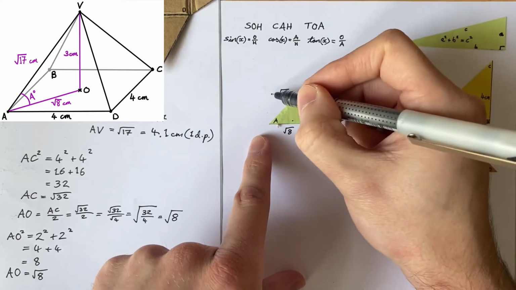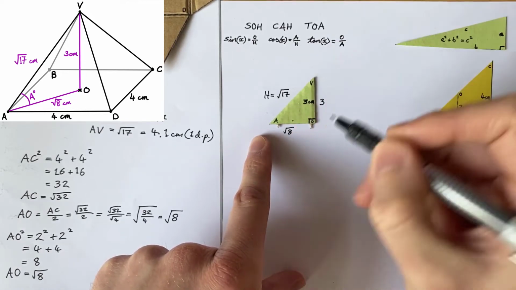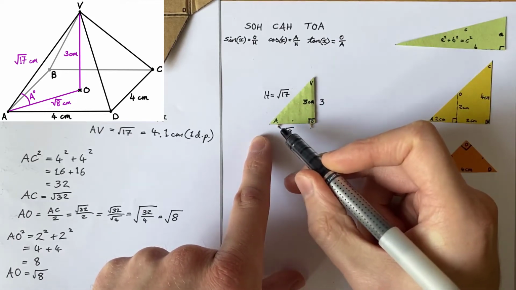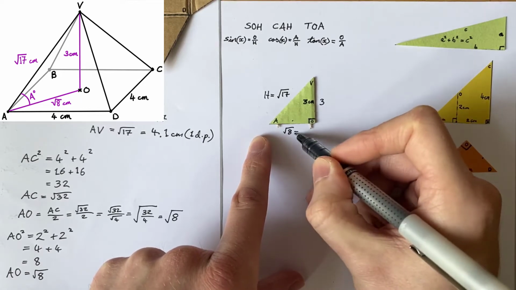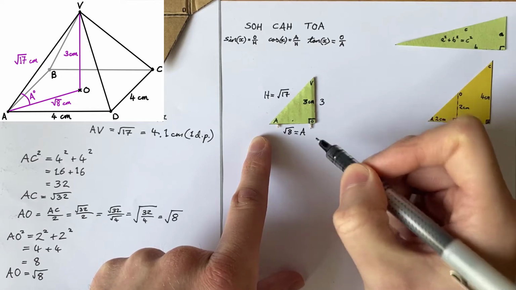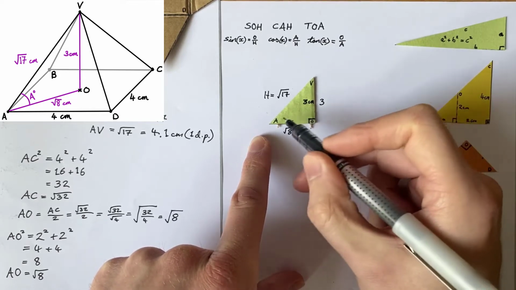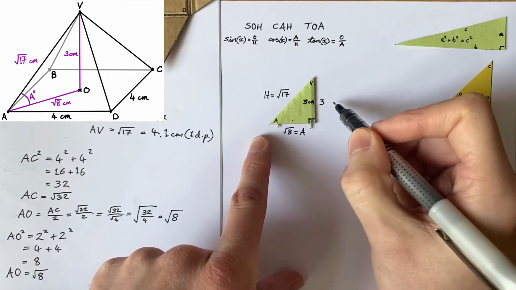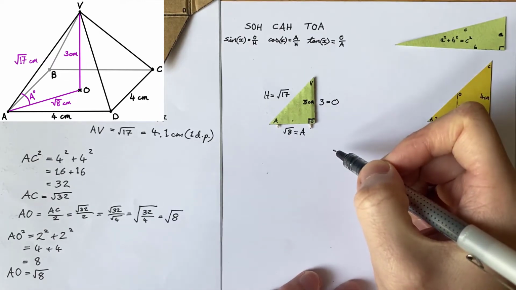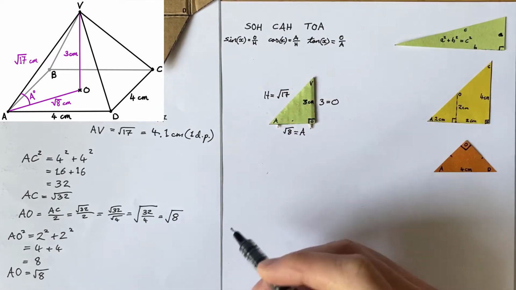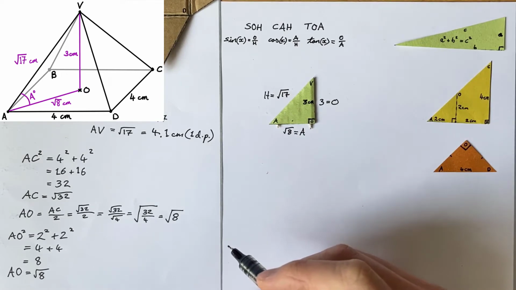So this is our H. The angle that we're interested in is A, so the adjacent side is the square root of 8. That's our A, and then the opposite length to the angle that we're interested in is our O. That's our opposite. So then we have a choice of which trigonometric functions we want to use.